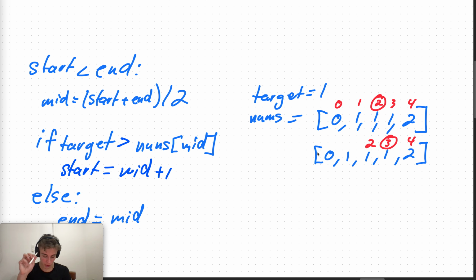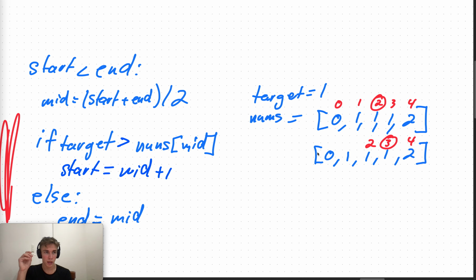Oh, okay. Sorry, I haven't been following along here. What is the first iteration? If target is greater than nums at mid, which it's not. Wait, I'm trying to find the rightmost.